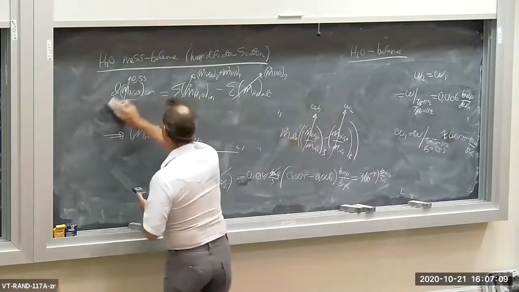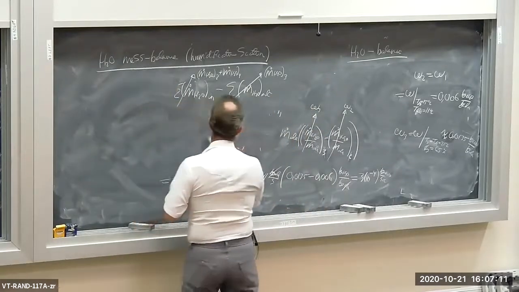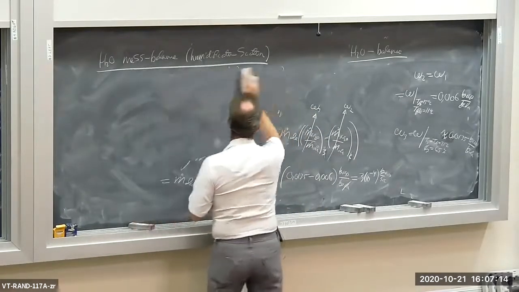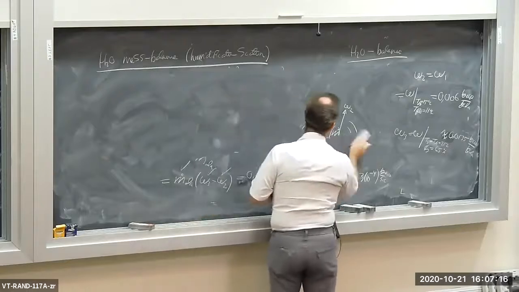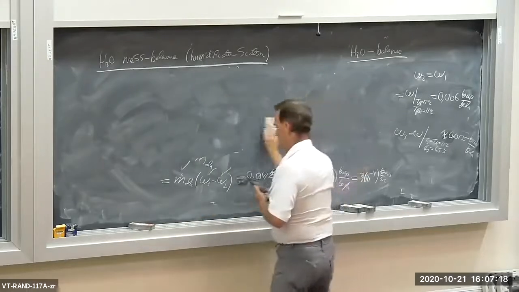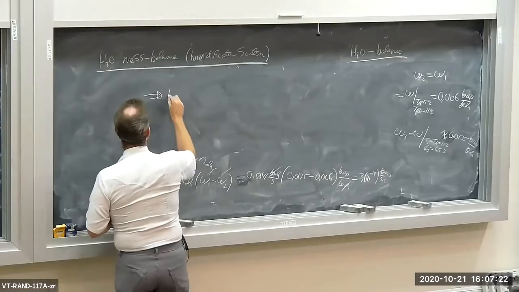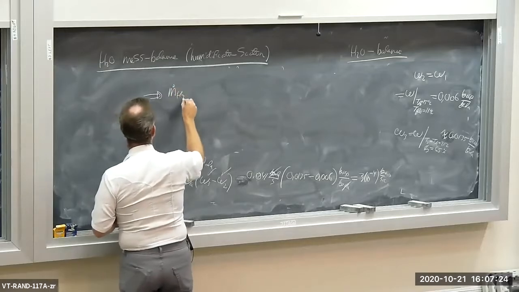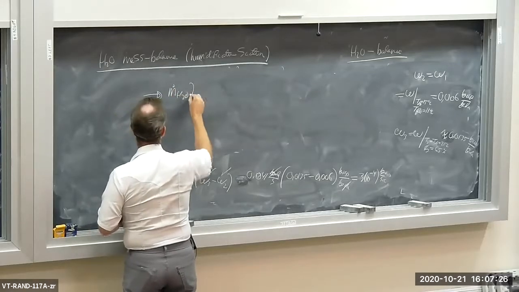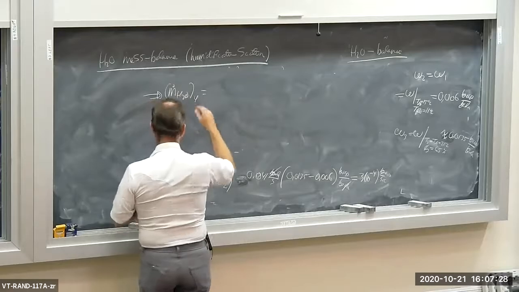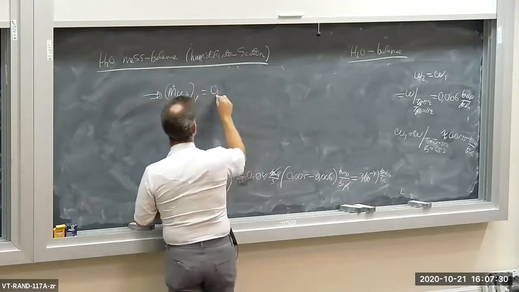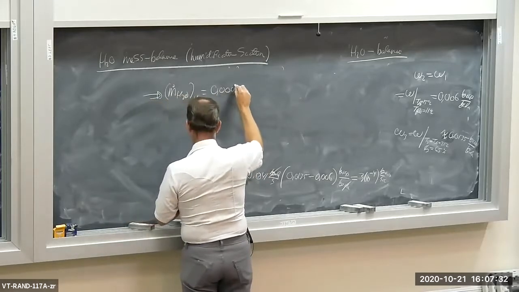I think I'm going to rewrite that. Maybe let's do it per minute, since everything was in per minute. So let's multiply that by 60. So m dot H2O, and that's at location 4, 0.0003.